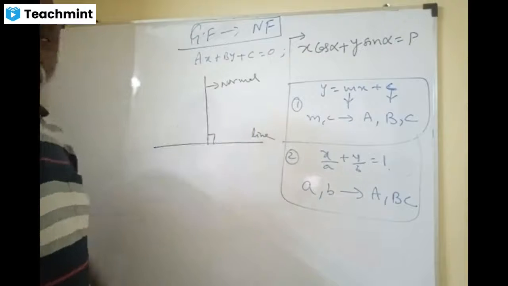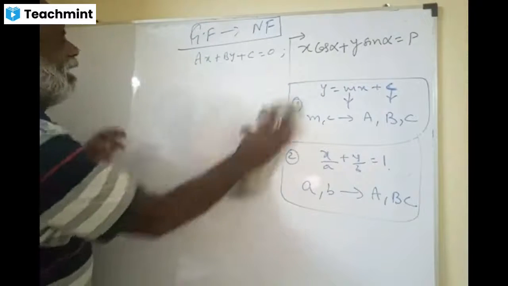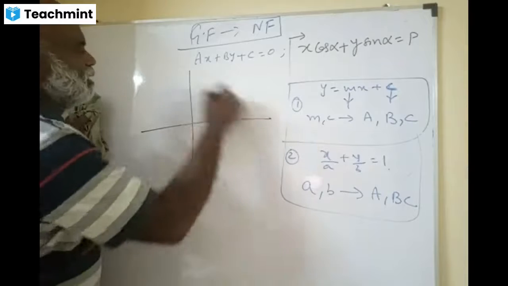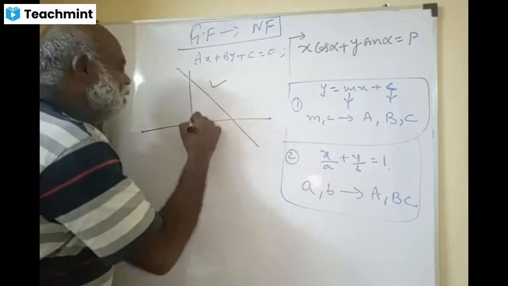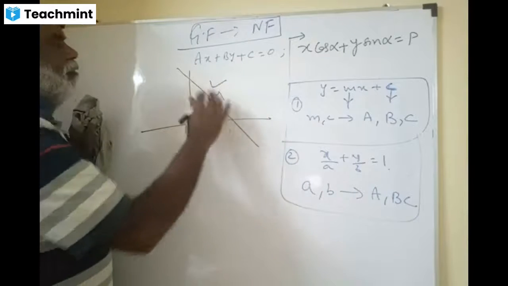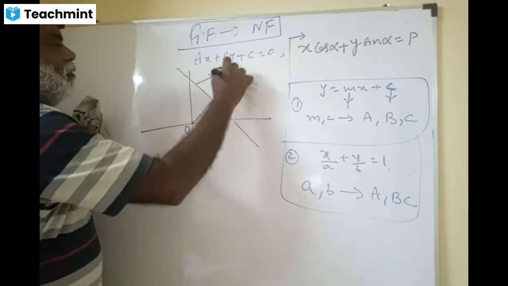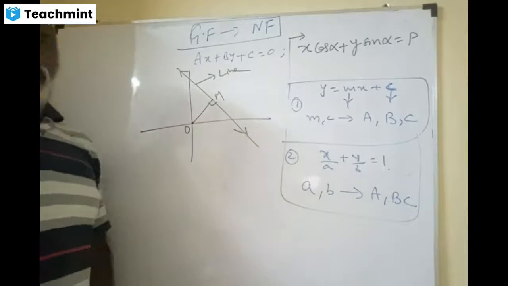It is normal. But our line was like this, please. Our line was like this in the coordinate system. In the line, I am drawing a normal from the origin, okay? Friends, please follow me.